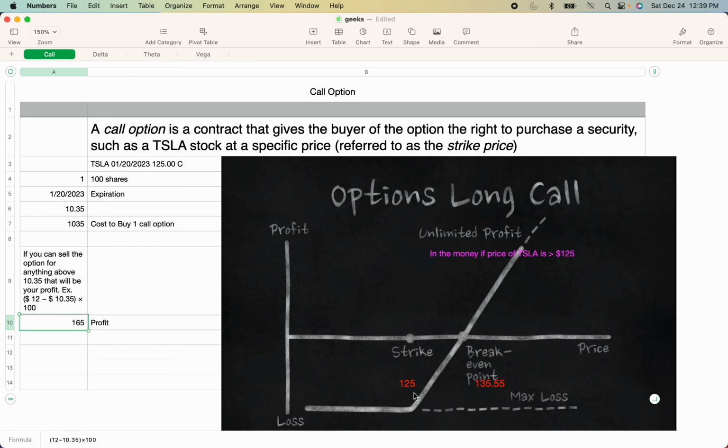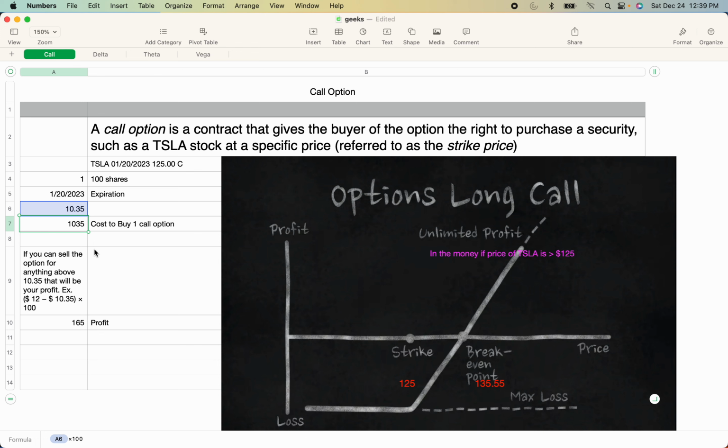If the price is less than 125, it's out of the money and it's considered worthless. You'll pretty much lose all of the premium you paid, in our case $1,035. So if the price is less than the 125 strike, you would be incurring a loss, which is your maximum loss.